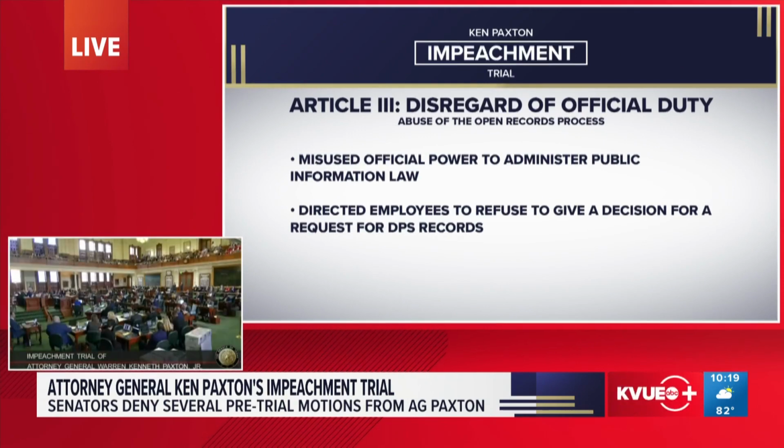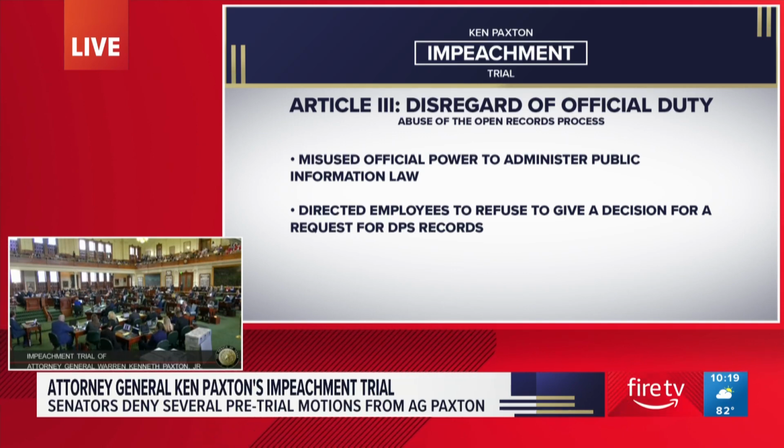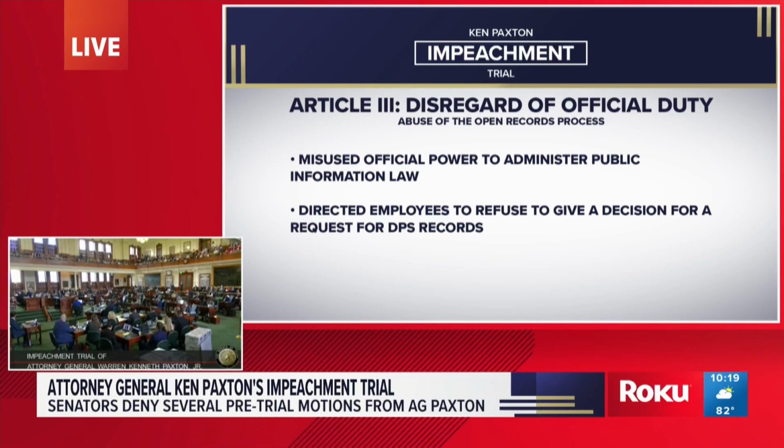So when we look at what Article 3 is, this is another article titled Disregard of Official Duty, accusing Paxton of abusing the open records process. The House managers argue that he misused his power to administer the public information law by directing his office to refuse to give a decision for a request for a DPS record.